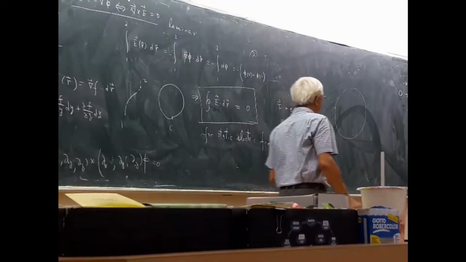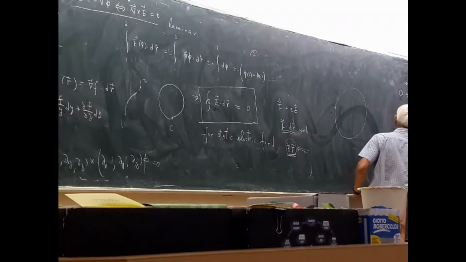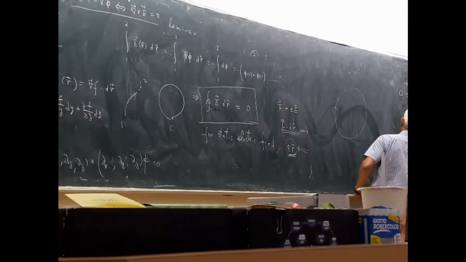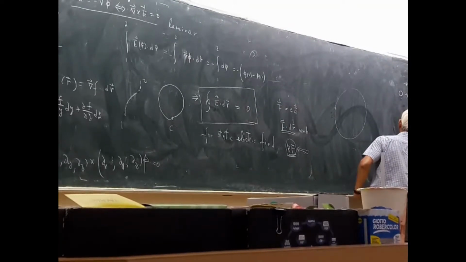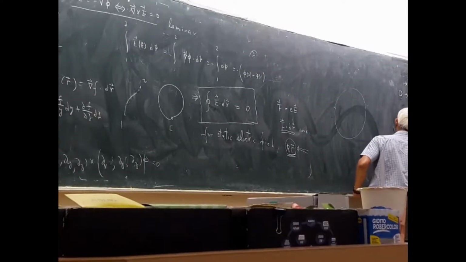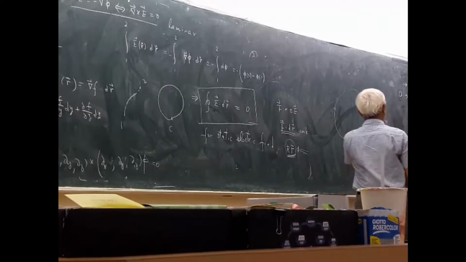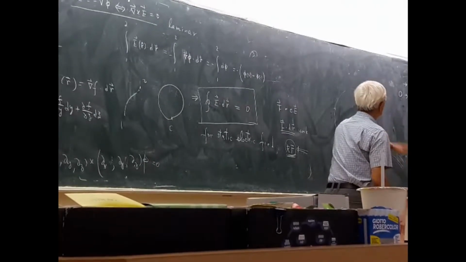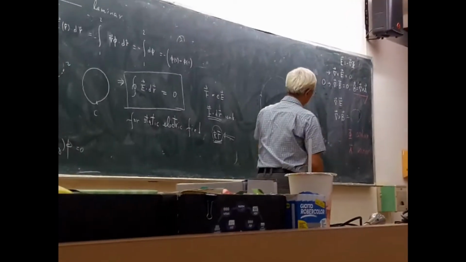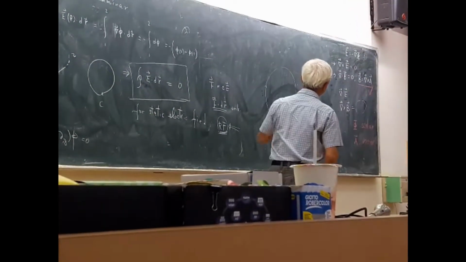Do you know what a laminar field is? In a flow, if curl V equals 0, your flow is laminar, just like in layers.